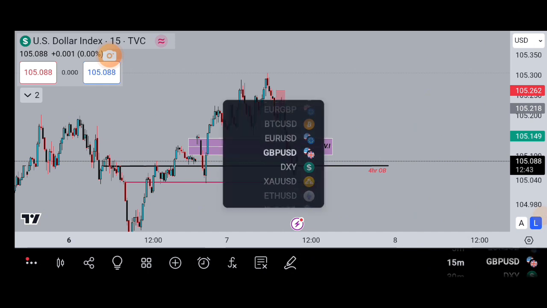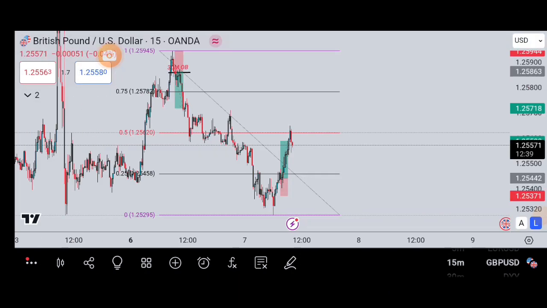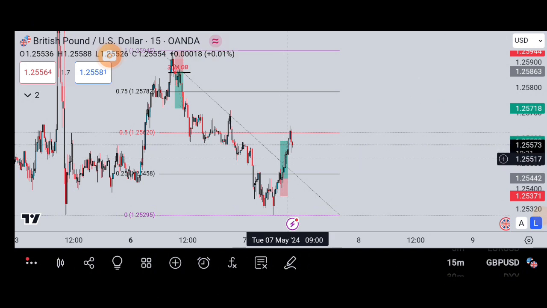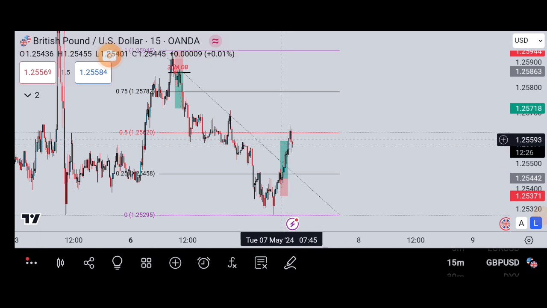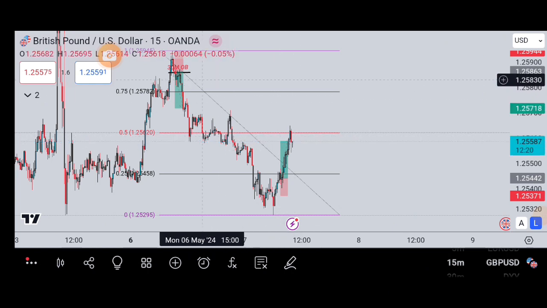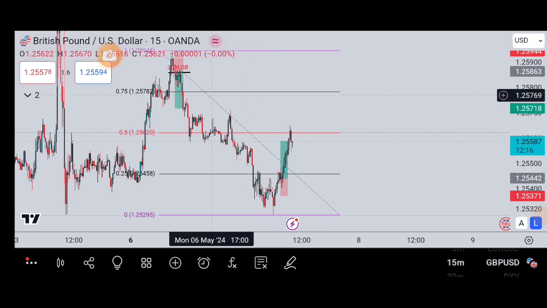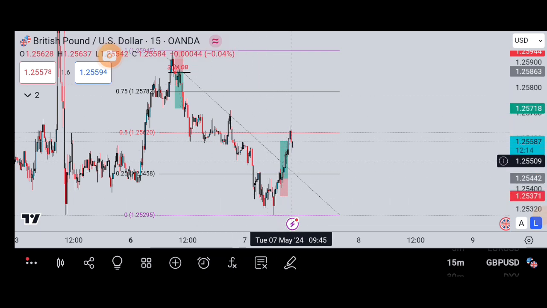If you go to the GBP, then what you can see, we have this clean move higher, right, which I've told you that I benefited from as the DXY was going lower. I capitalized on this move for GBP before tapping into this premium level, right? And if you look onto the GBP, you can see how we have some clean market structure there.